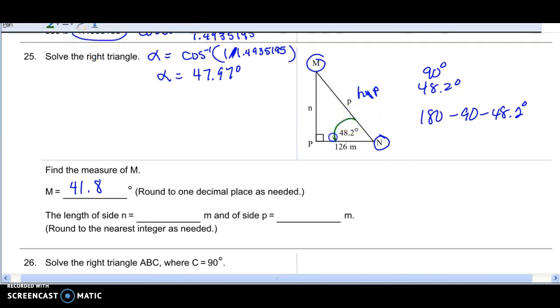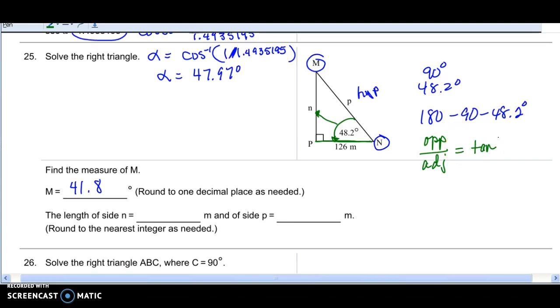I'm going to work with this angle right here, which is angle N, and I want to find a trig function that deals with the opposite side of that angle and the adjacent side, because I know adjacent is 126, and I can find the opposite. So what trig function deals with opposite and adjacent? That's tangent.